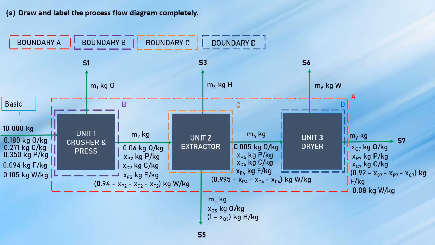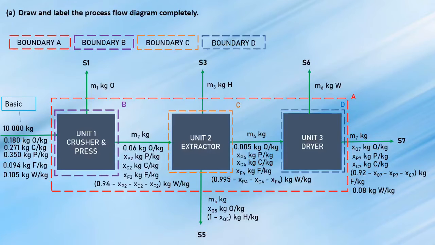For unit 3, we have 2 output streams. This is the output stream of S7, this is the output stream S6. As you can see, there is only moisture coming out from the stream 6 because this is actually a dryer. So for a dryer, water needs to be excreted from the dryer.